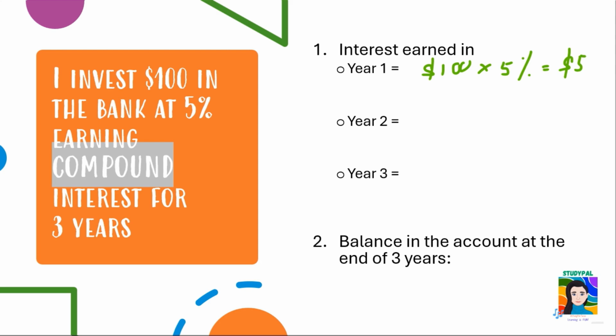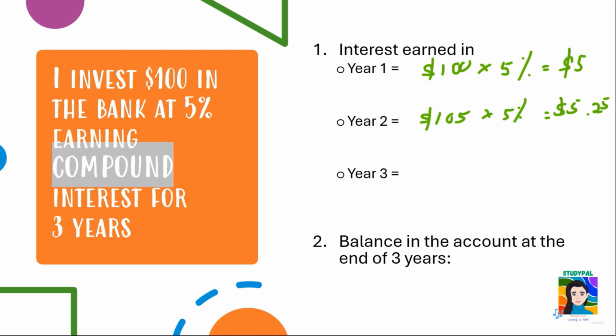What about year 2? Now year 2, it should be the principal amount plus the year 1 interest. So that is $105 times 5%. That will be $5.25. What about year 3?